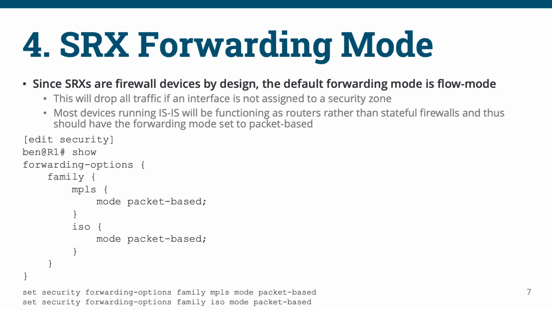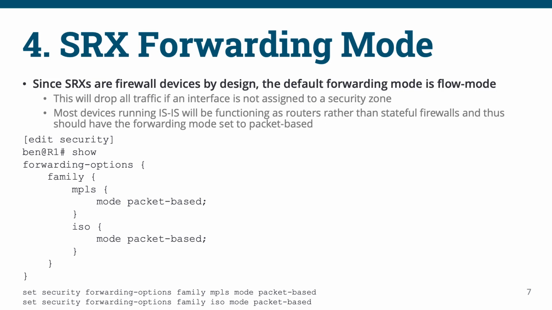This mode is not only the default for IP protocols configured in the MPLS forwarding family, but is also the default for the ISO protocol family. With flow mode configured, any interfaces which are not assigned to a security zone will have the traffic dropped by default. This will present itself as adjacencies simply not forming after you believe the configuration is complete.